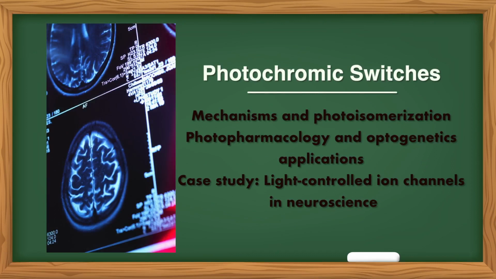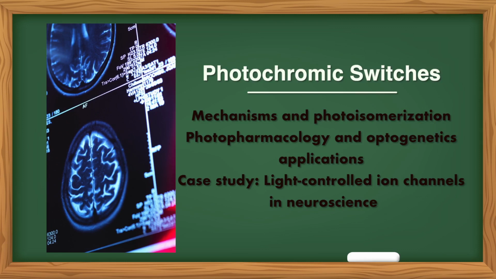Photochromic switches undergo reversible structural and conformational changes in response to light, typically in the UV or visible range. The two main states are closed and open forms, which can interconvert upon exposure to light.